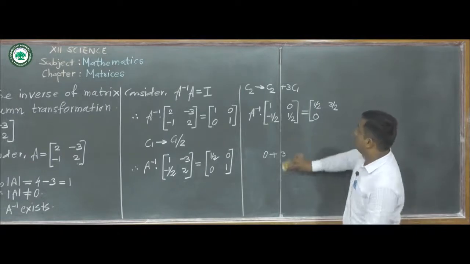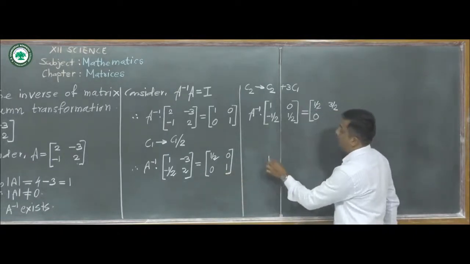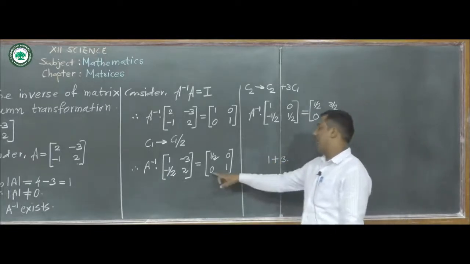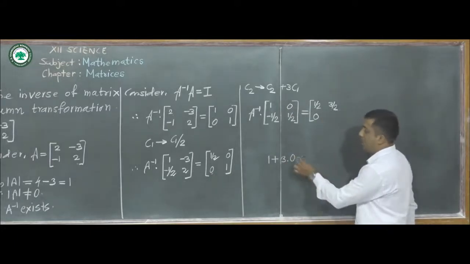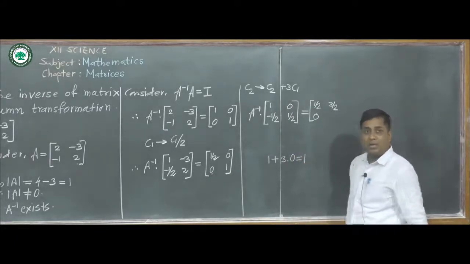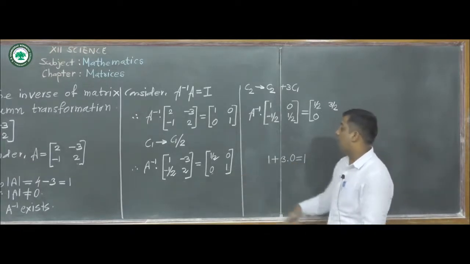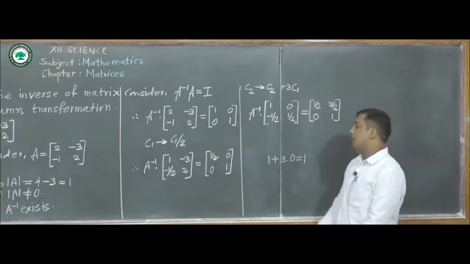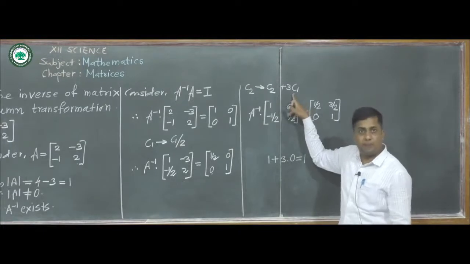Next, the second element from column second is 1, so 1 plus 3 into the second element from column first, which is 0. So 3 into 0, and this is equal to 1. Since 1 plus 0 is 1, in the position of 1 we have again 1. So we reduce this minus 3 to 0 by using this transformation.